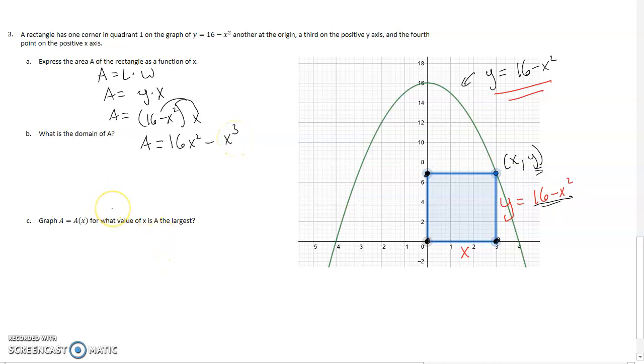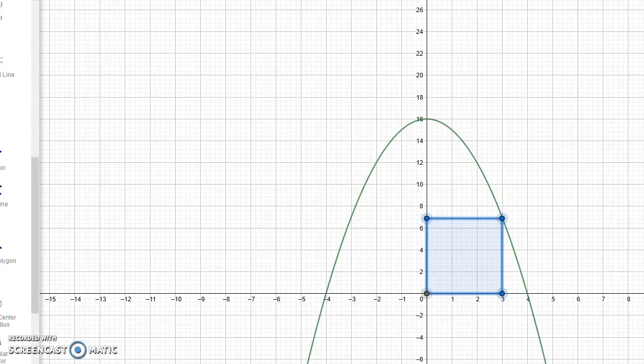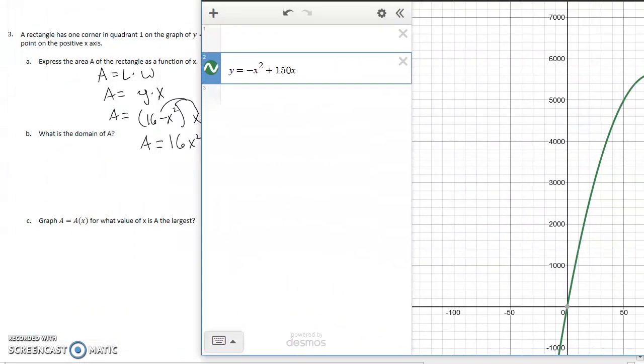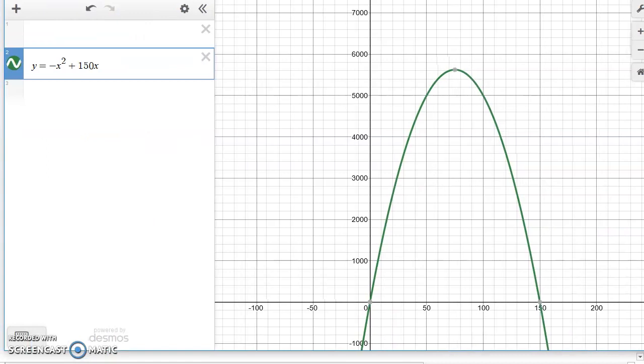And now it says, what is the domain of A? We're going to rely on a graph for this, so I would encourage you to go ahead and put this into Desmos. That's what I'm going to do as well. Sorry, if that was loud, I just threw my pen. So it's 16x squared minus x cubed.